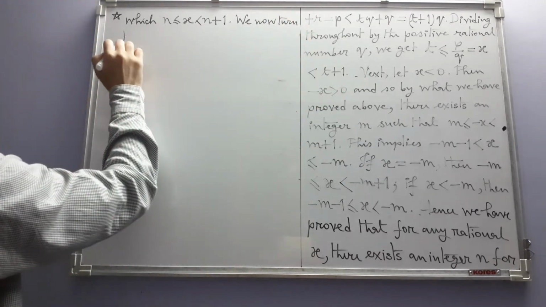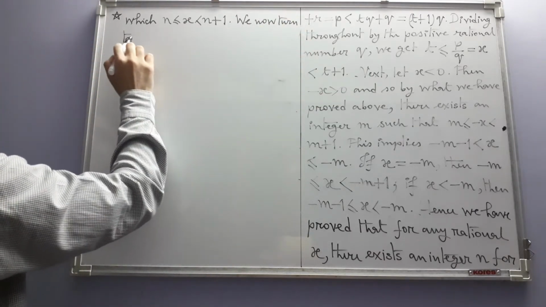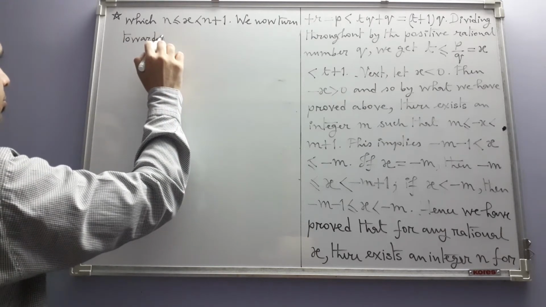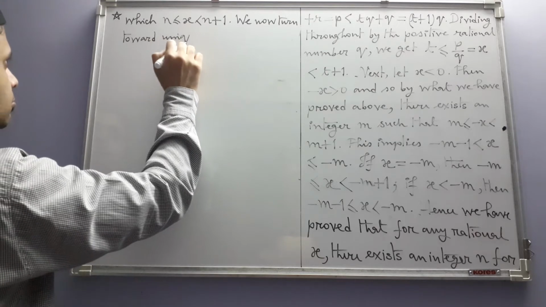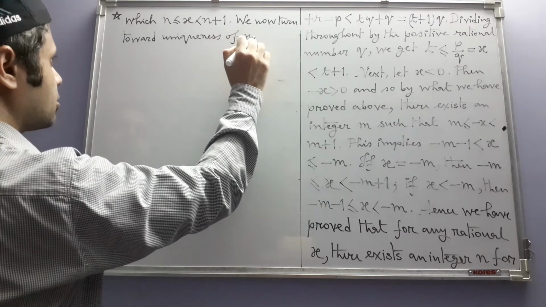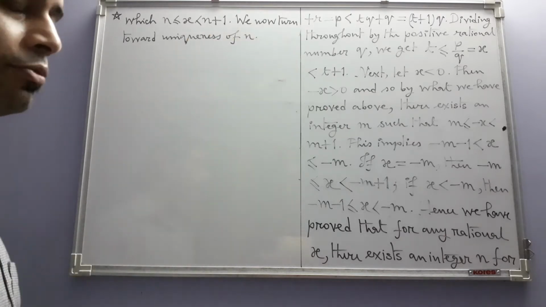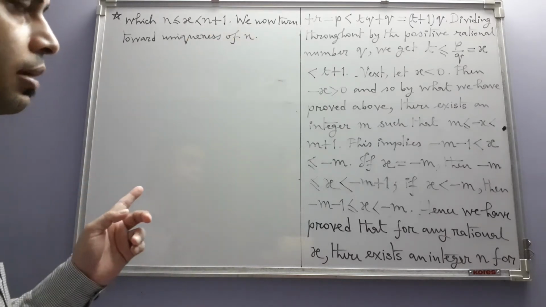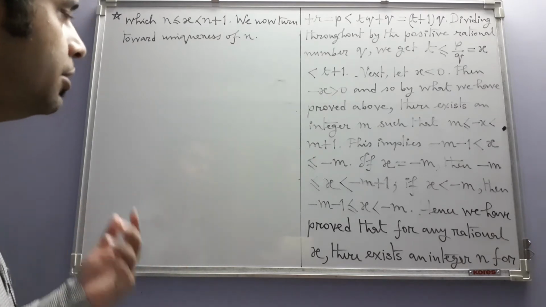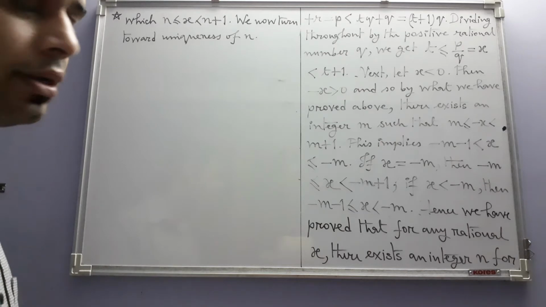We now turn toward uniqueness of n. Now we want to show that this integer n that comes from a because of x, it is unique. It is uniquely determined by x.